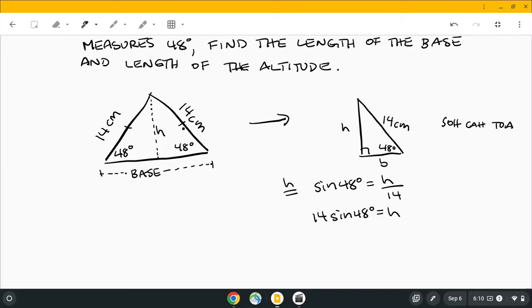Okay, here I'm solving for a side. So if this side's 2 significant digits, then h will need to be 2 significant digits. Okay, and so you might get 10 point something something something, but we only need 2 significant digits, so we're going to go with 10 centimeters.